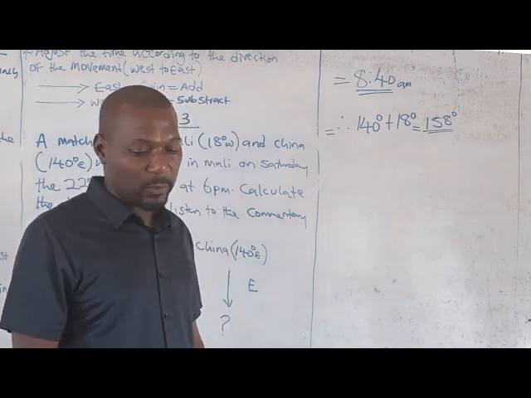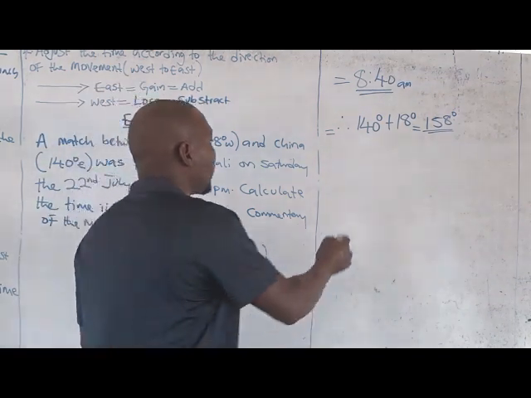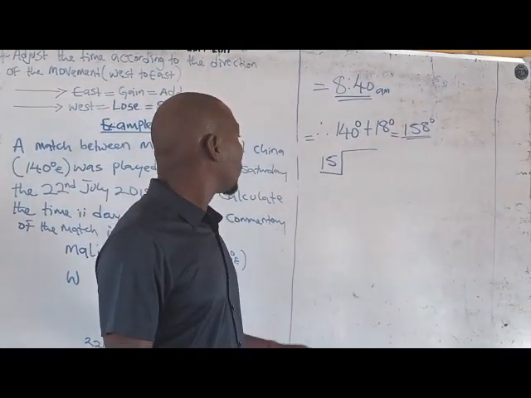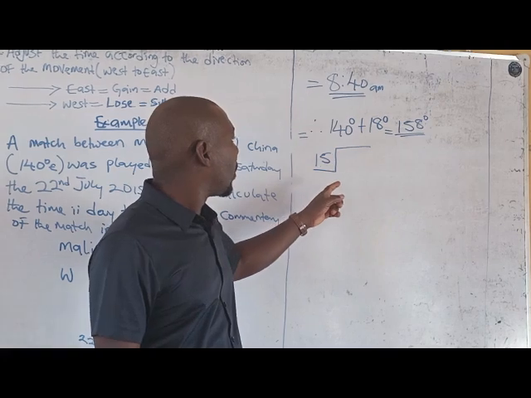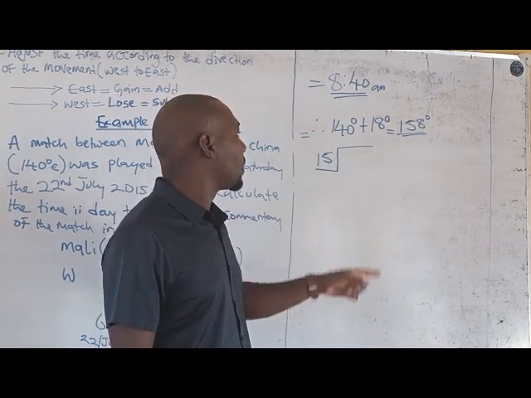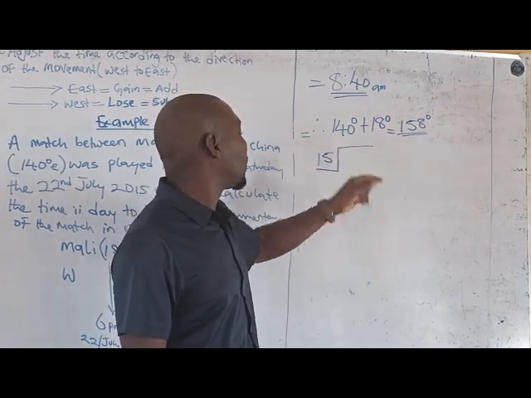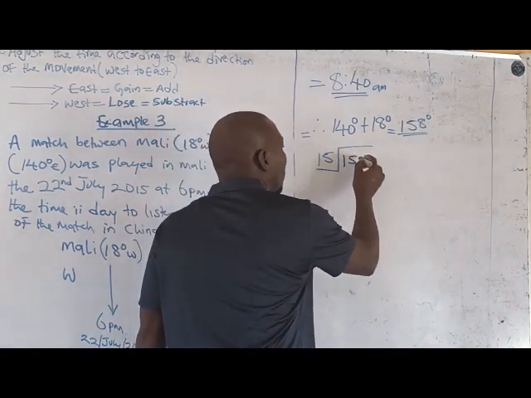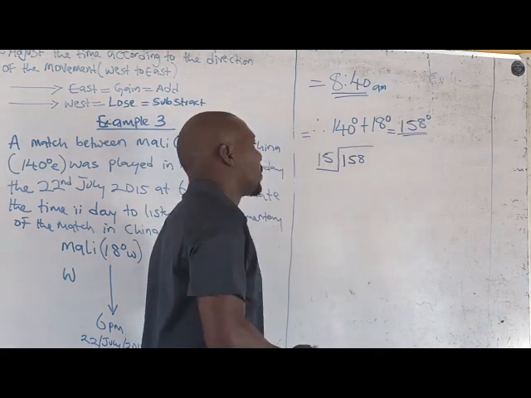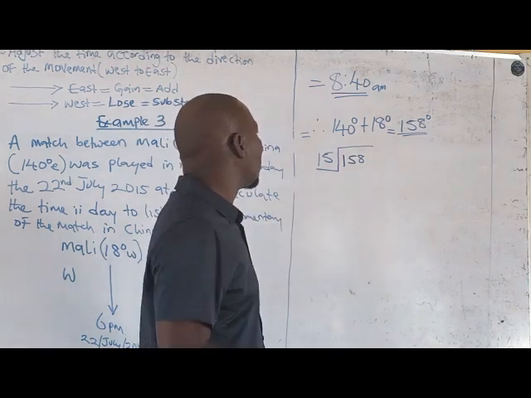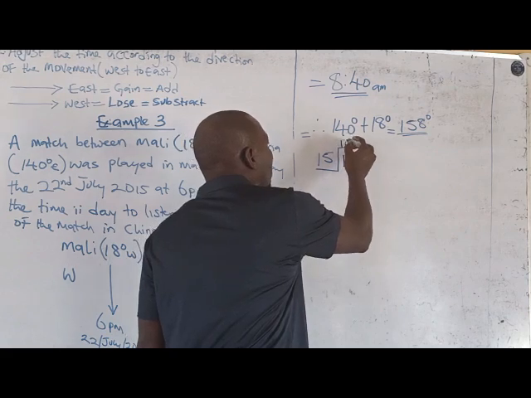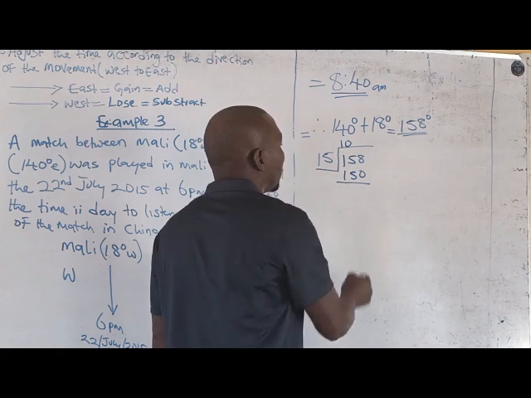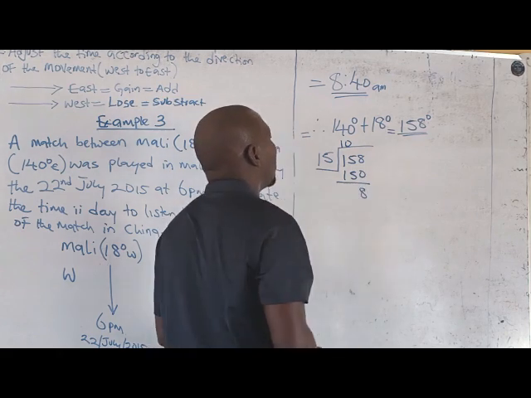So we have to divide 158 by 15. 15 going into 158 is 10, because 10 multiplied by 15 is 150, and we still get a remainder of 8.